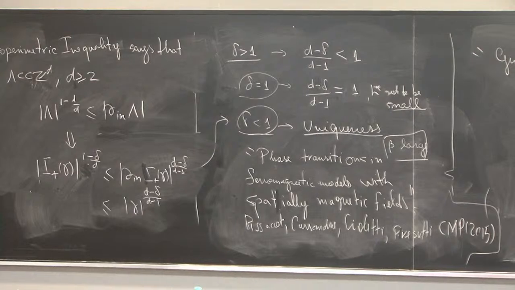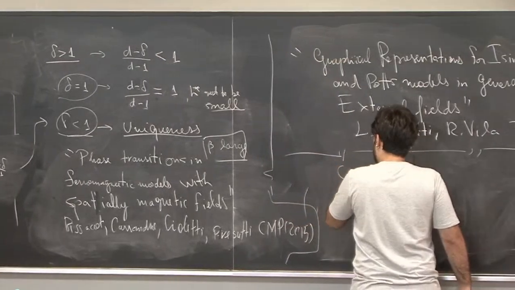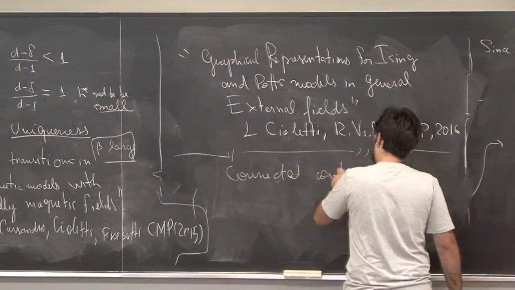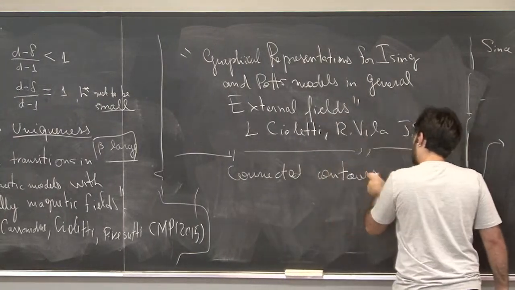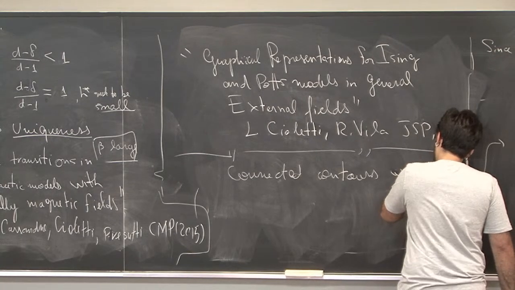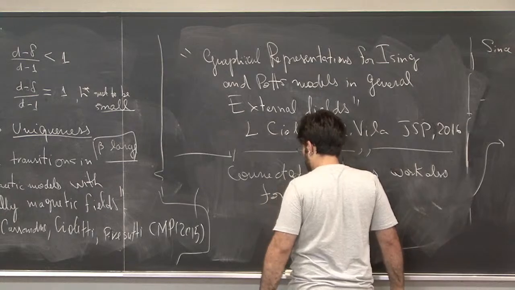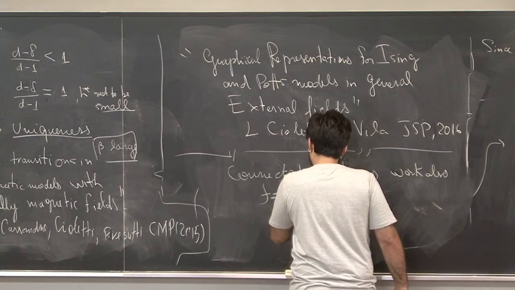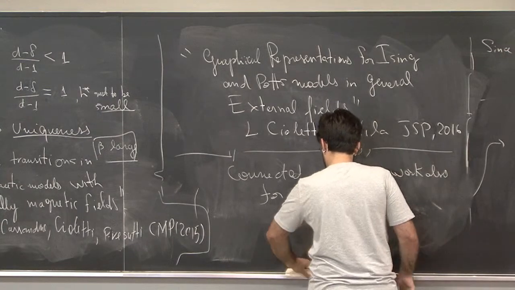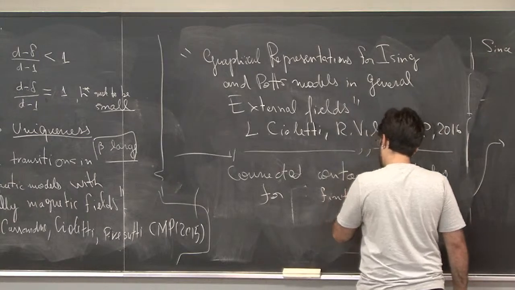So let's say connected contours work also for finite range, any finite range, okay?